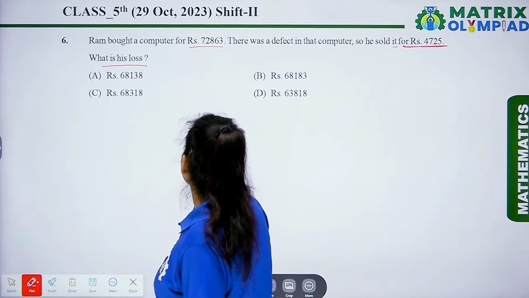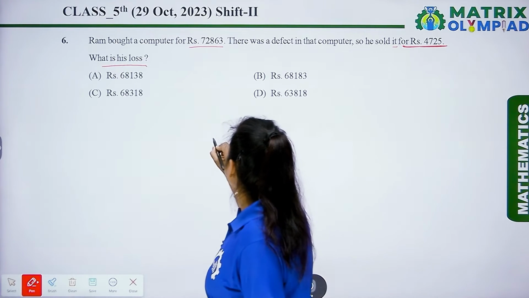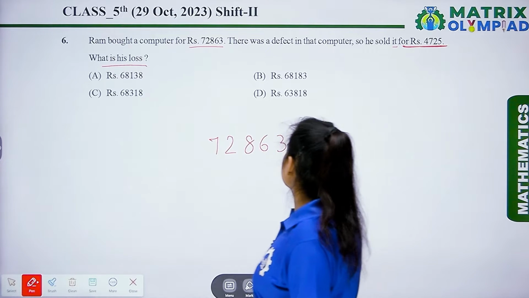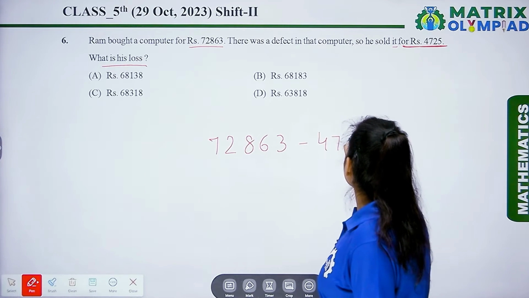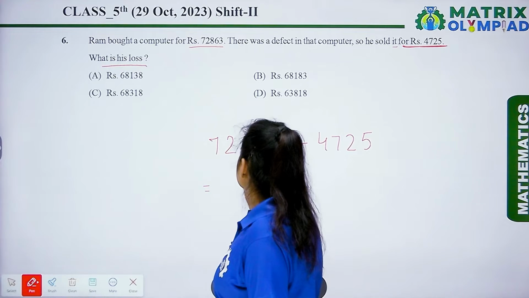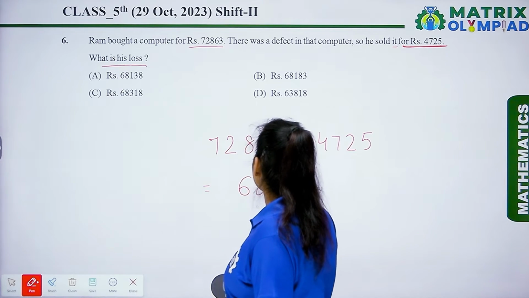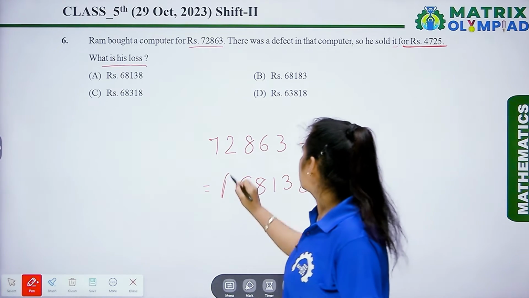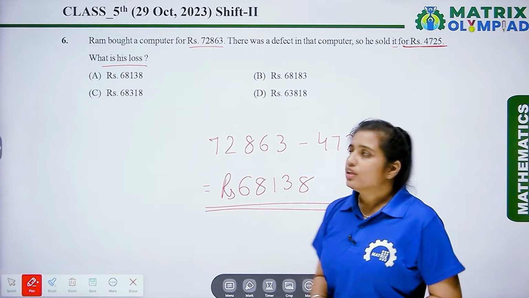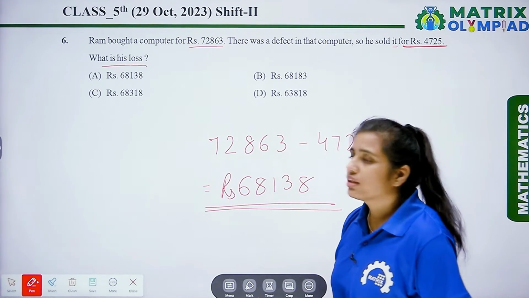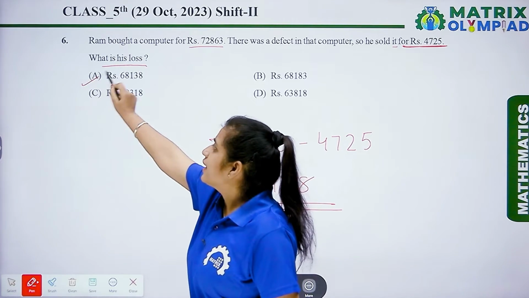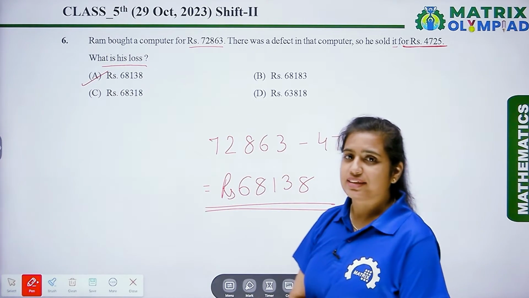We are going to subtract 4,725 from 72,863. So after subtraction, we get 68,138. So this is the total loss that Ram had. So here option A is the correct answer.